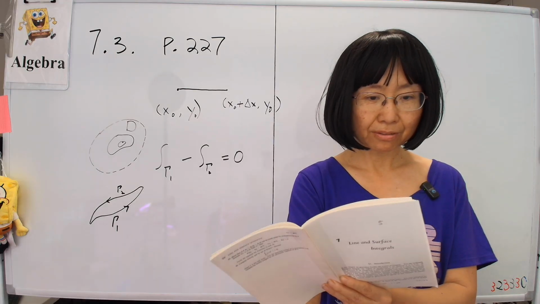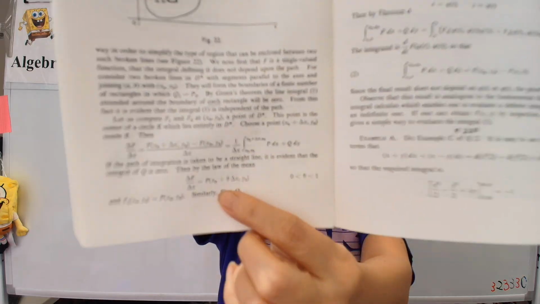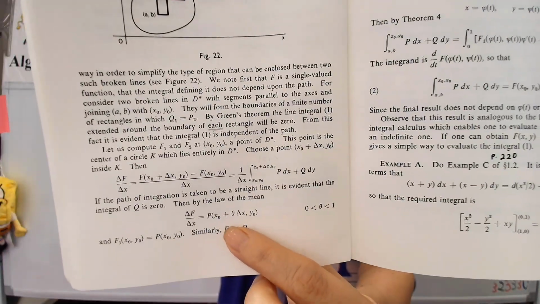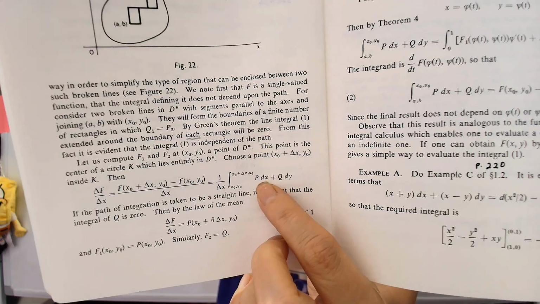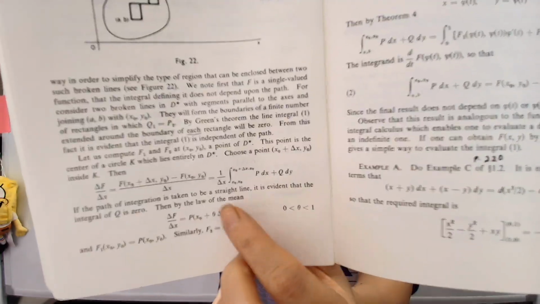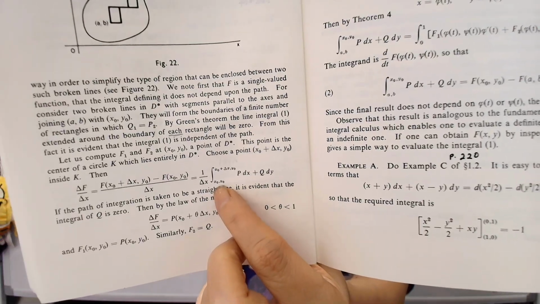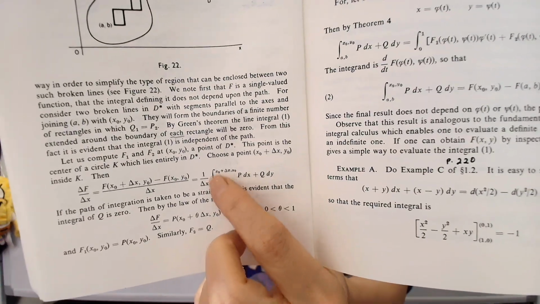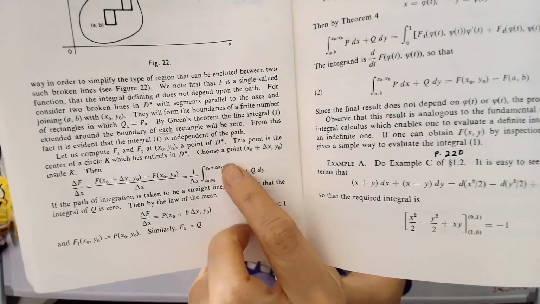We're going to yank the p out of the integration by the law of the mean. As you can see, the law of the mean is extremely useful. So here's the integral, and we'll just pull it out. If we pull out p, then it will be multiplied by the difference, the top limit minus the bottom limit, which is just delta x.